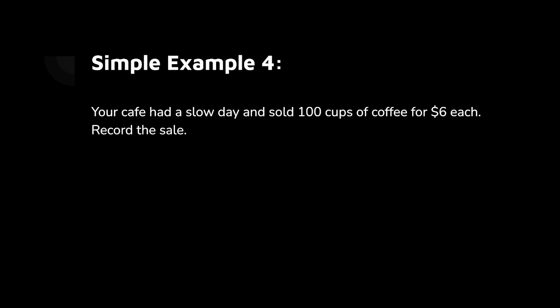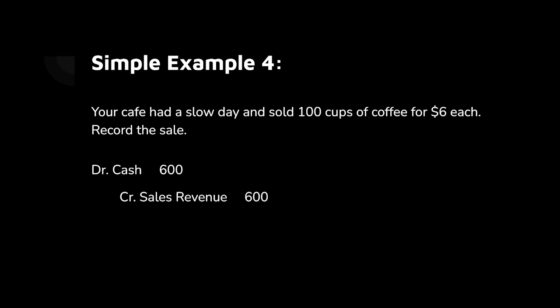The first account would be sales revenue, because you've gained revenue of $600 for this day. But then what is the next account? Let's take a look. You would record sales revenue of 600 and then cash of 600 too.